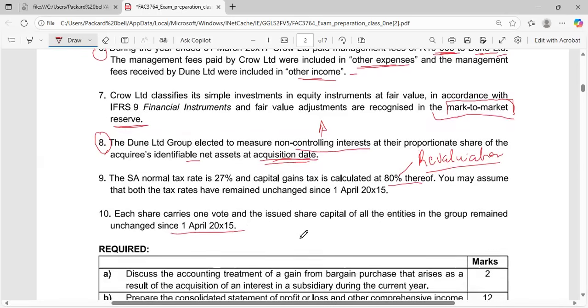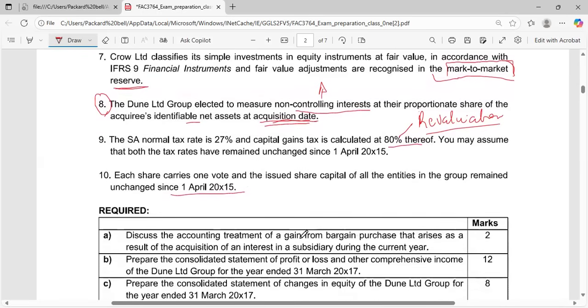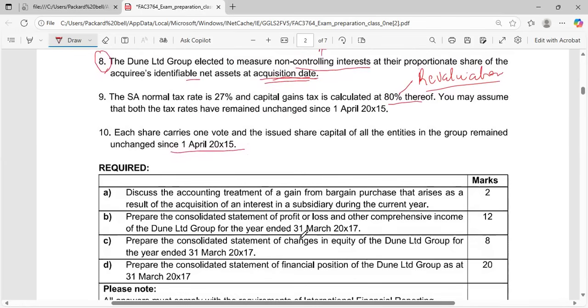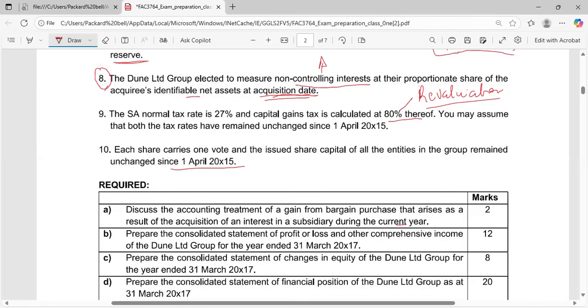So the first part of the question, that is our A, says discuss the accounting treatment of a gain from bargain purchase that arises as a result of the acquisition of an interest in a subsidiary during the current year. So we need to discuss how we account for a bargain purchase.